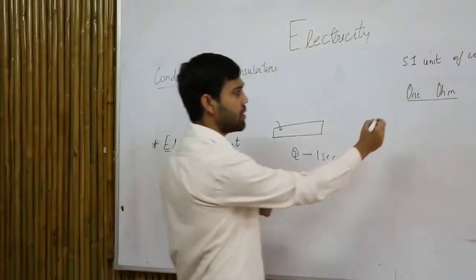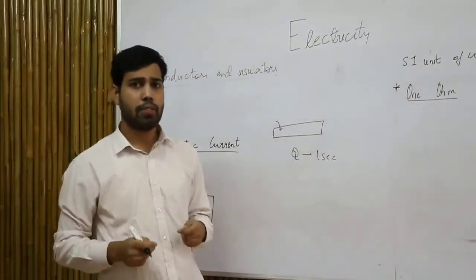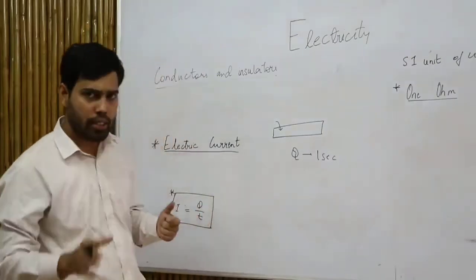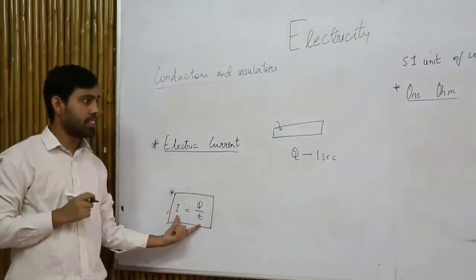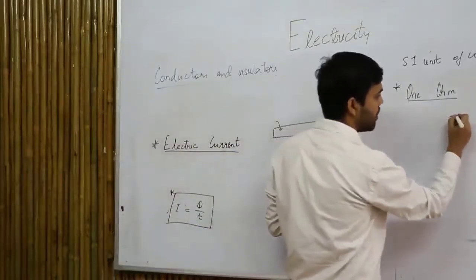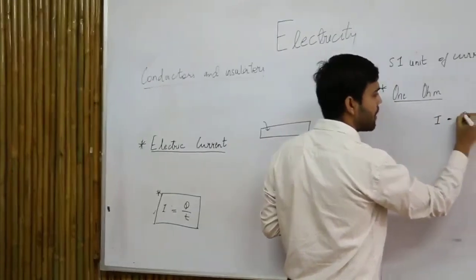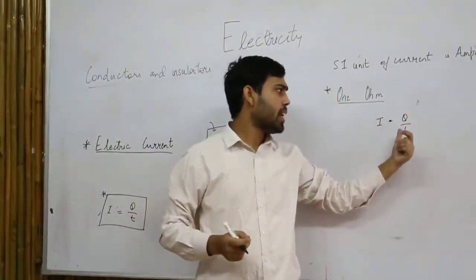Again, this is an important definition from your exam point of view. What is the definition of 1 ampere? Not difficult. From this formula itself we get the definition of 1 ampere. In the formula I = Q/T, I replace Q and T by 1.